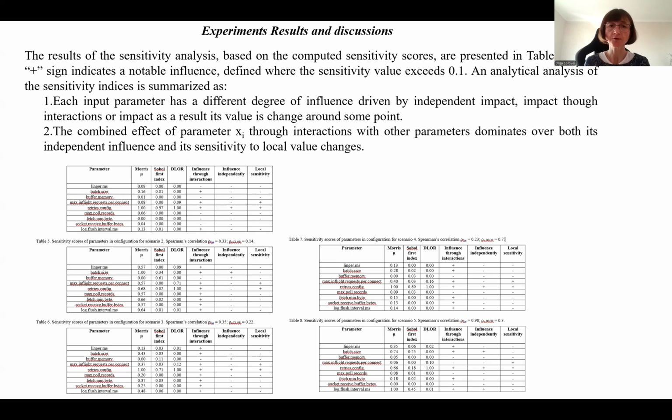And then we found that the combined effect of a parameter as a result of interaction with other parameters dominates both others. So basically it dominates the independent influence and its sensitivity to local value changes.